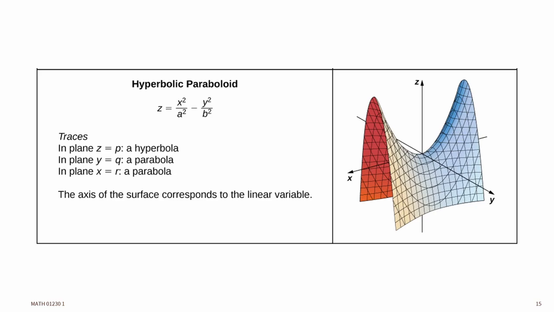In Calc 2, for that 1 week, you learned a different coordinate system, polar, which is a two-dimensional coordinate system. We're no longer in 2 dimensions. We're going to study 2 three-dimensional coordinate systems.